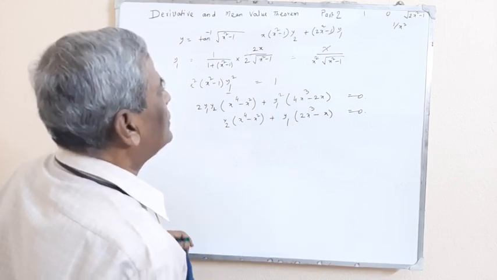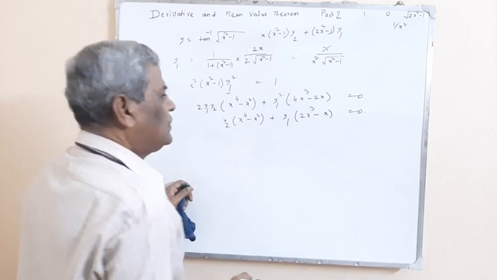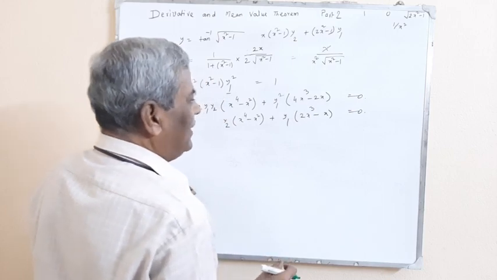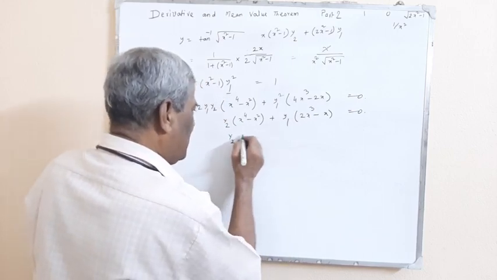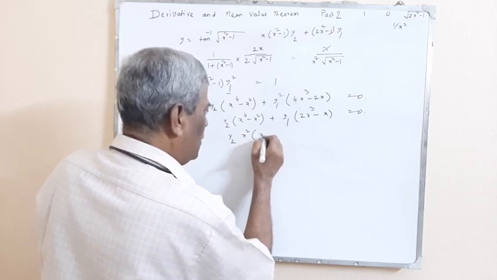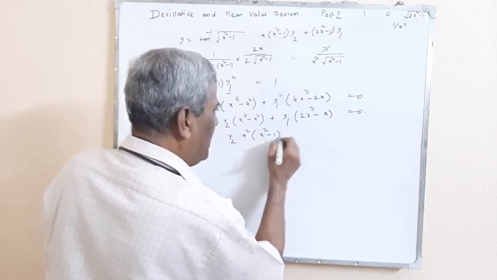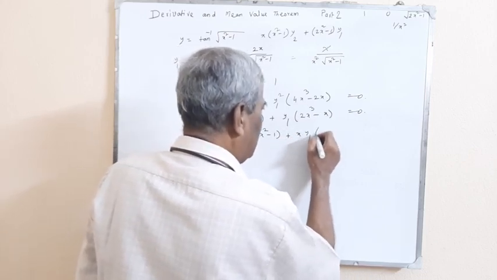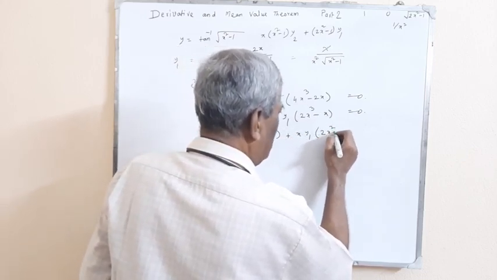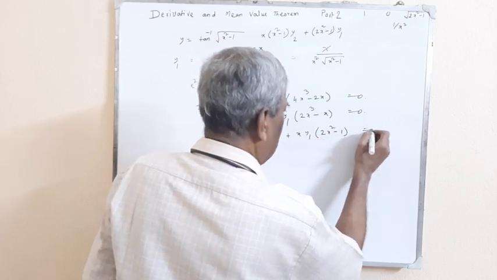Now in this case, x also will be cancelled. Just 1 minute. y2 into x square, taking common, x square minus 1, plus x into y1 into 2x square minus 1 is equal to 0.